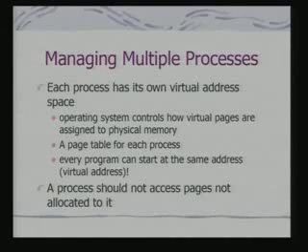In fact, under that condition, every program can actually start at the same virtual address. But where that same virtual address is getting mapped onto the physical memory, that information is contained in the page table. And the process should not access pages not allocated to it.